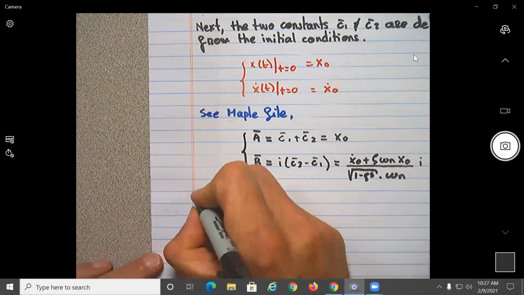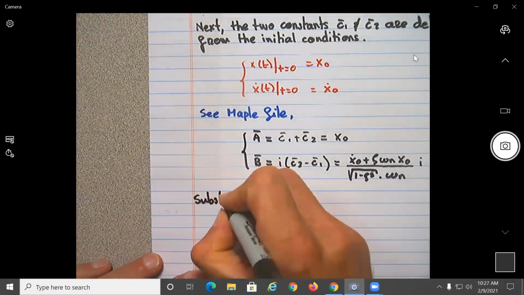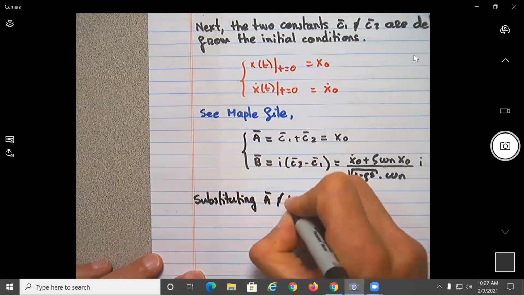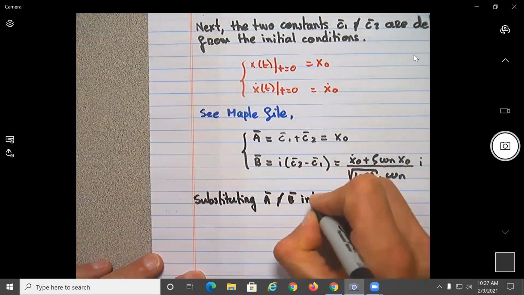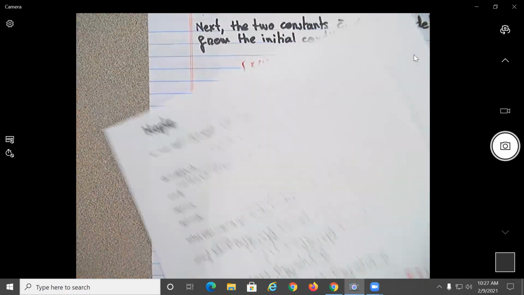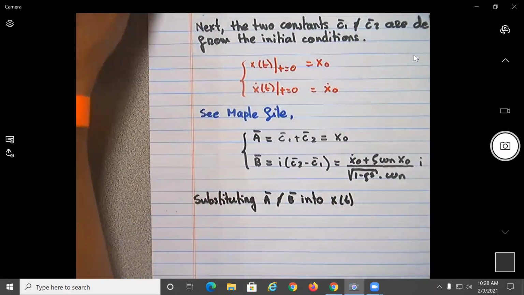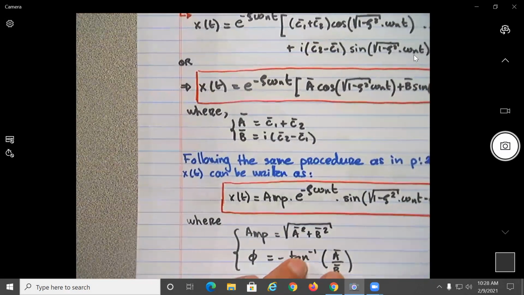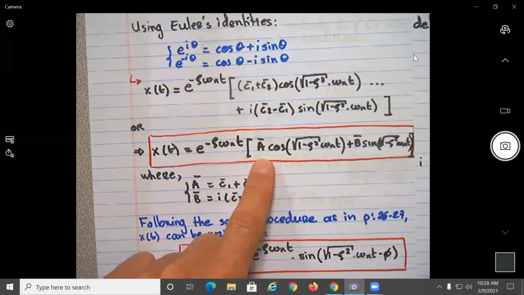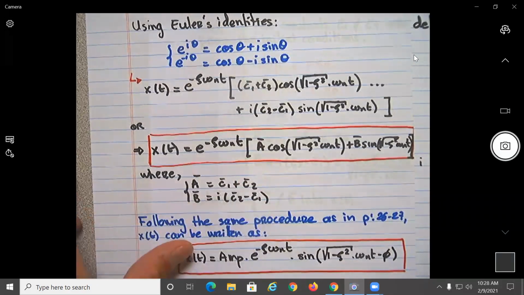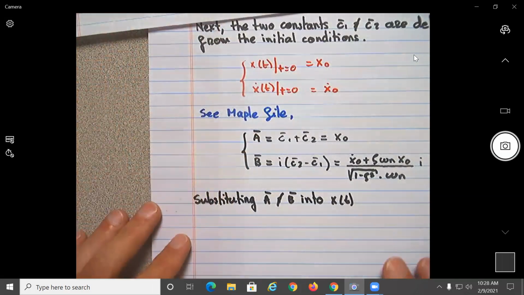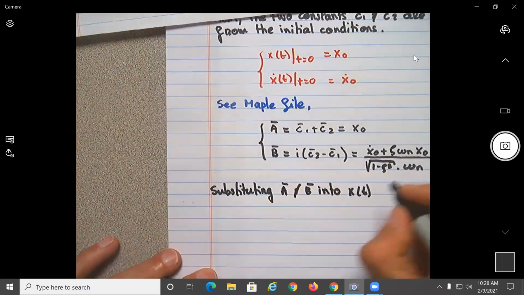Okay, so last step, substituting A bar and B bar into X of T. So X of T should be this expression over here. We're gonna get what? X of T. So let me write it.